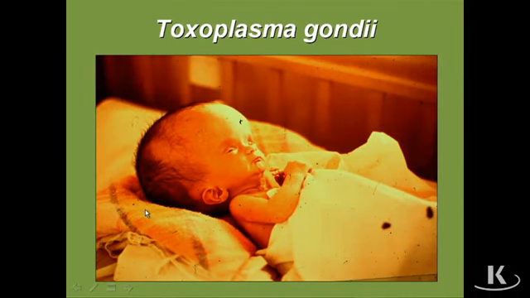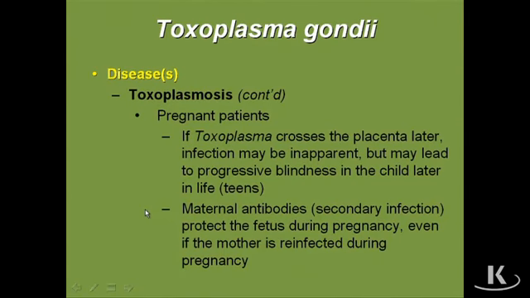Now, again, with congenital infections, we've got this wide range of symptoms from asymptomatic to stillbirth and everywhere in between. But a couple of things that really stand out for toxoplasmosis are hydrocephaly, which I'm showing you in this image, and actually progressive blindness, okay?